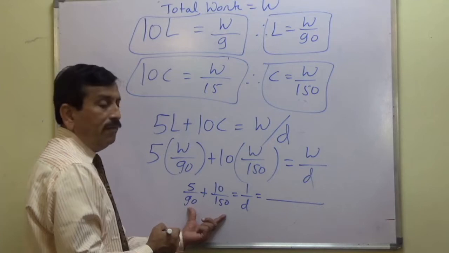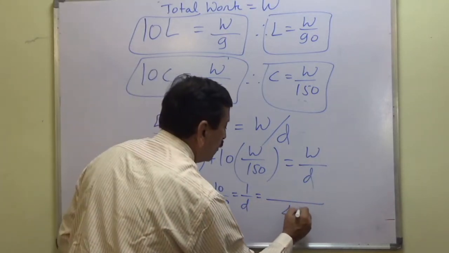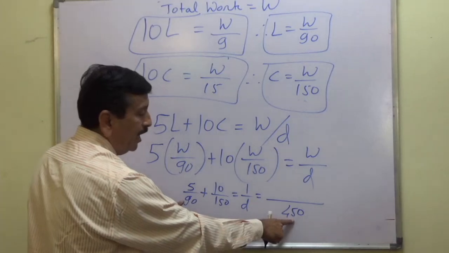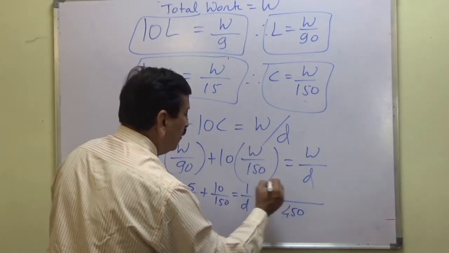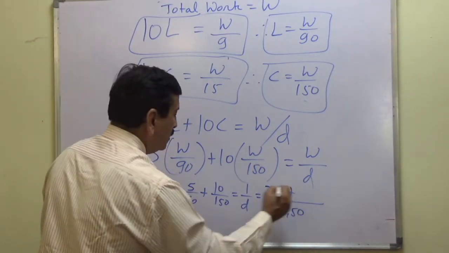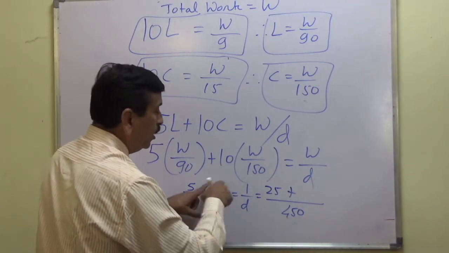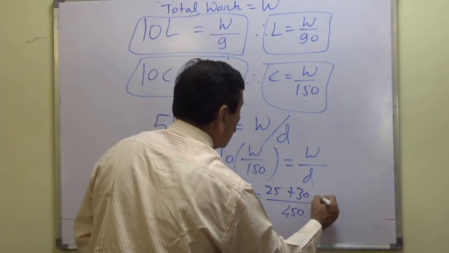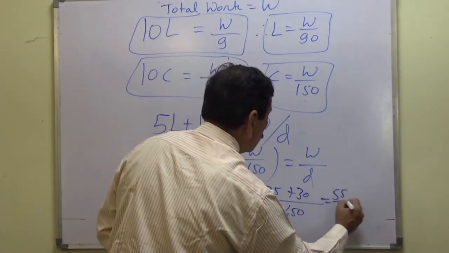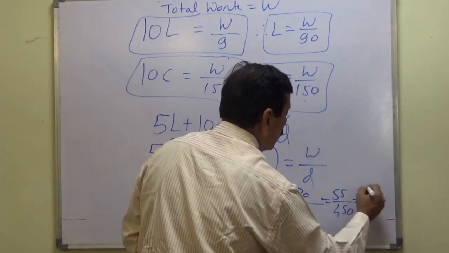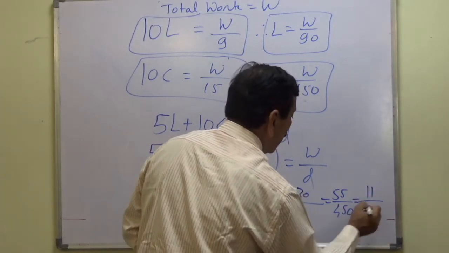For 90 and 150, I'll get LCM as 450. 5 by 90 is, I divide 450 by 90, I'll get 5. So it is nothing but 25 by 450. Plus 150, I divide 450 by that, I'll get 3. 3 into this, 30. Is equal to 55 by 450. 11 by 90.